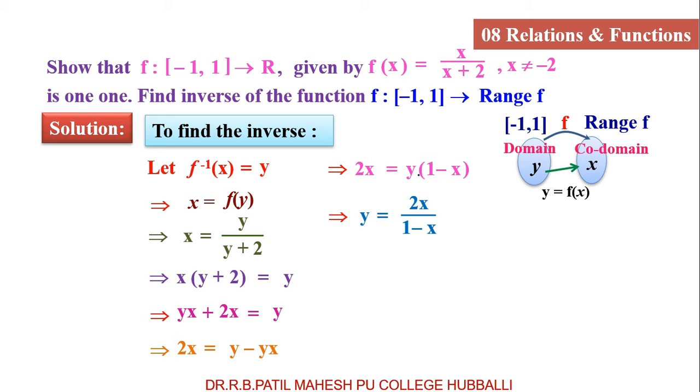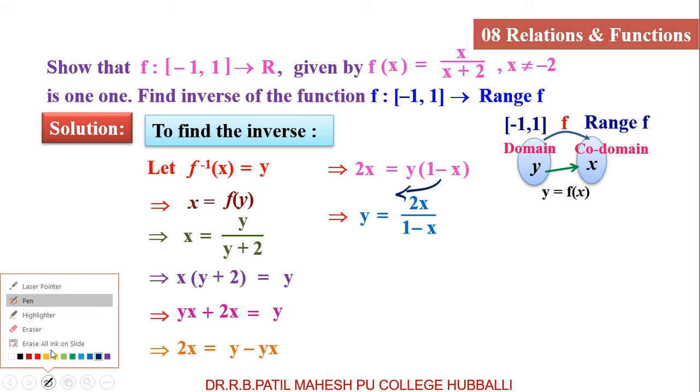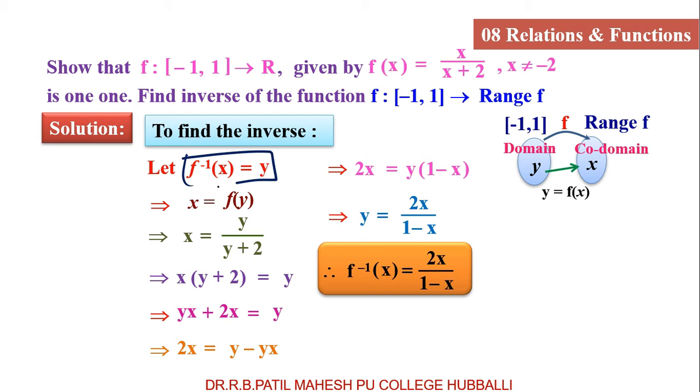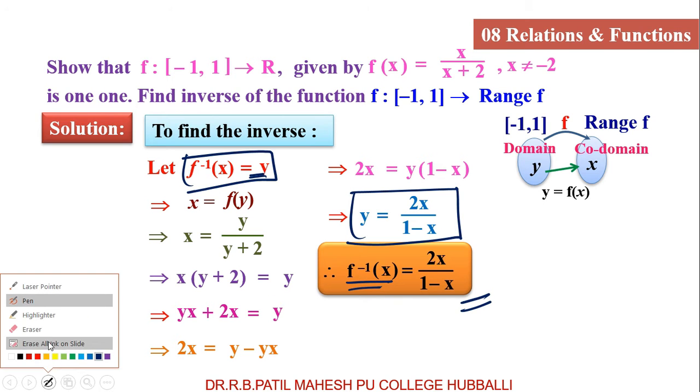So here I am taking 1 minus x to the left side, so that I get y equal to 2x upon 1 minus x. Therefore f inverse of x is equal to y, and you got the y value as 2x upon 1 minus x. Therefore f inverse is 2x upon 1 minus x. This is the inverse of the function x upon x plus 2.